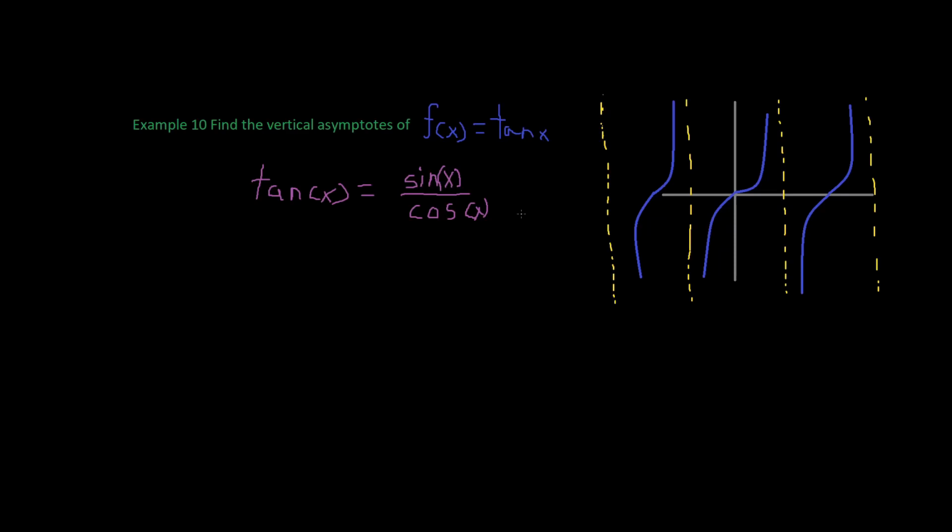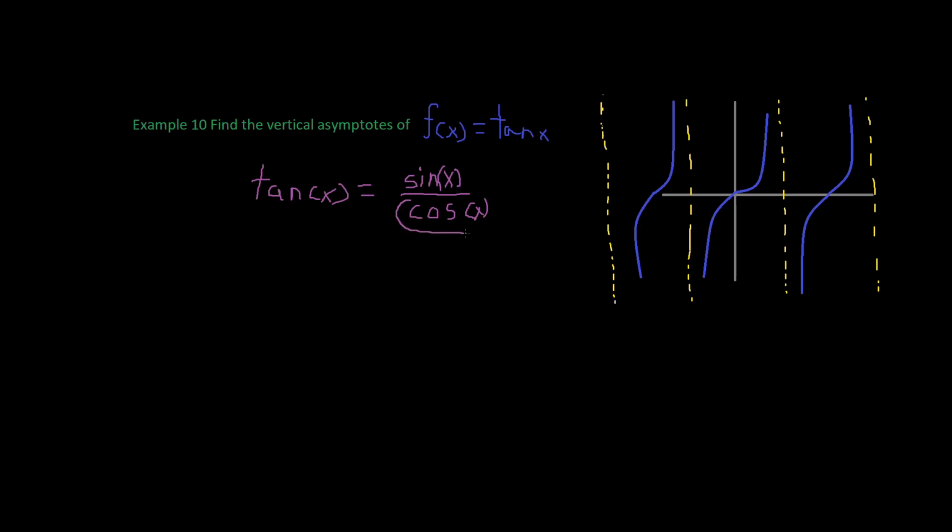Right. So we gotta figure out potential vertical asymptotes. And so what do you think is going to give us vertical asymptotes? We gotta think of numbers in which cosine is 0.